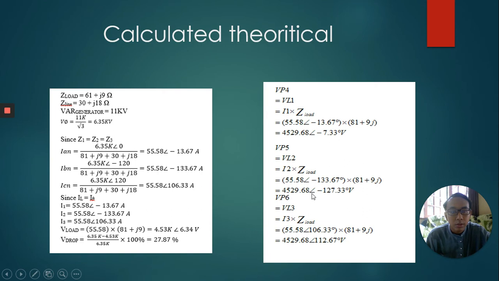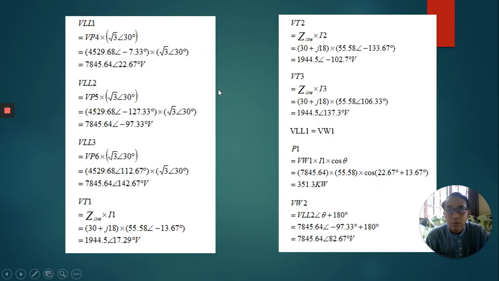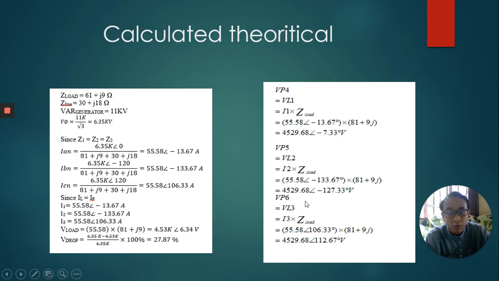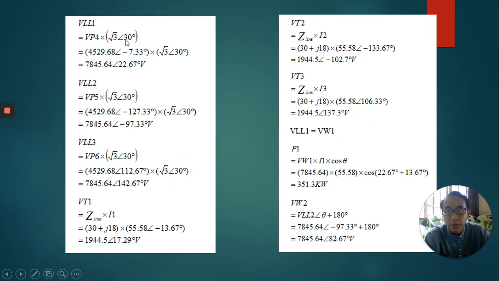We get this value. And for VPC also, we use this, times Z load also. So we got this. For voltage line, line 1, we need VP4 times this. So we got this.